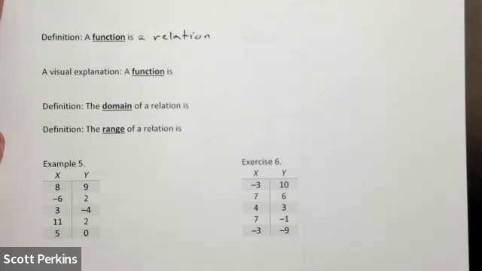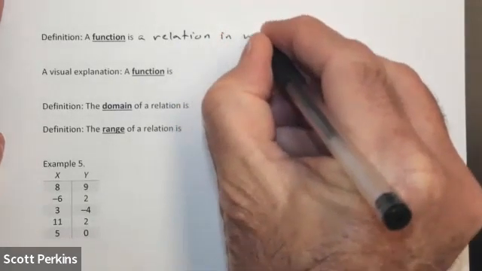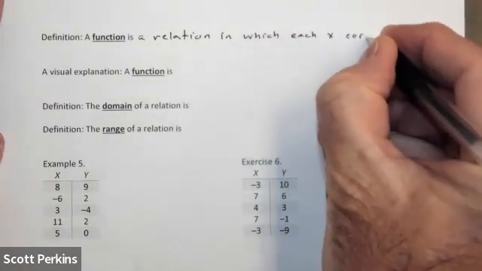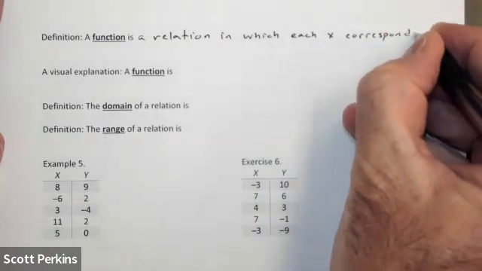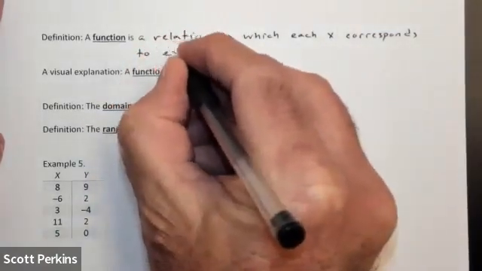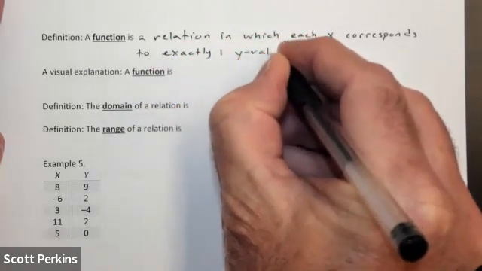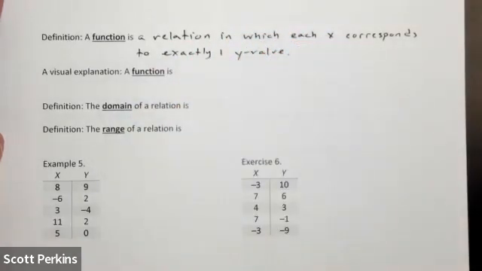So a function is a relation in which each x corresponds to exactly one y value. So just repeating that while you're writing it, a function is a relation in which each x corresponds to exactly one y value.